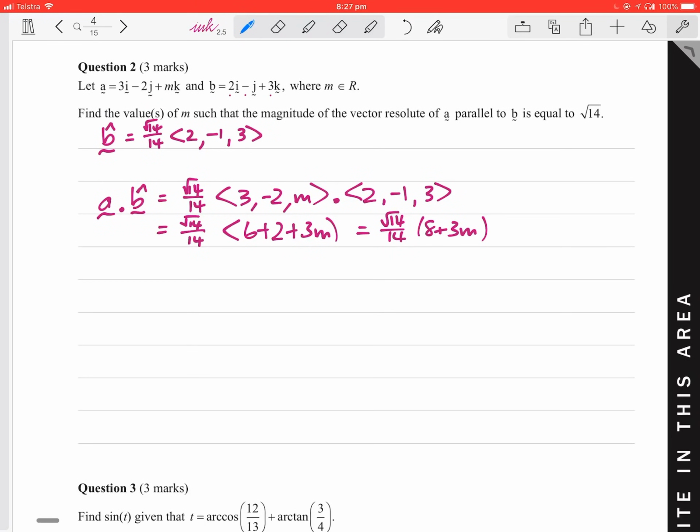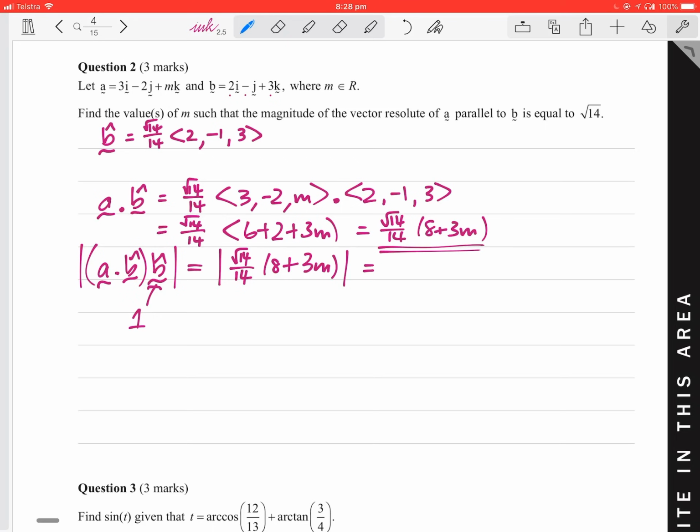Now the magnitude of the vector resolute of A parallel to B. We find A dot B hat, and then multiply it by B hat. The magnitude of that is just 1 because it's a unit vector. So it's just root 14 on 14 times (8 plus 3m), times a unit vector, which is just 1.